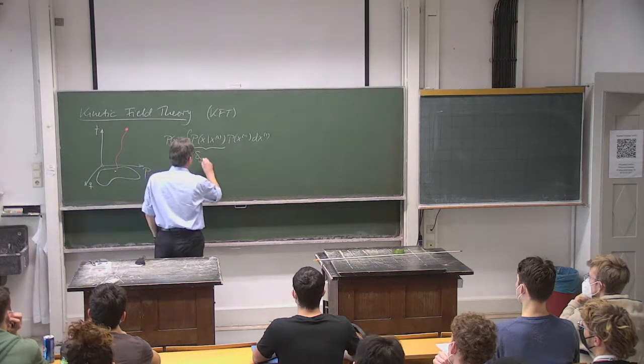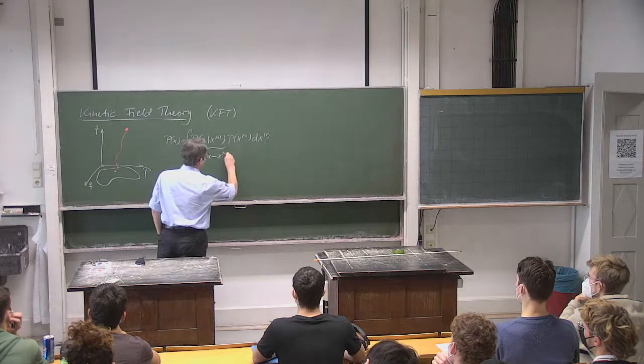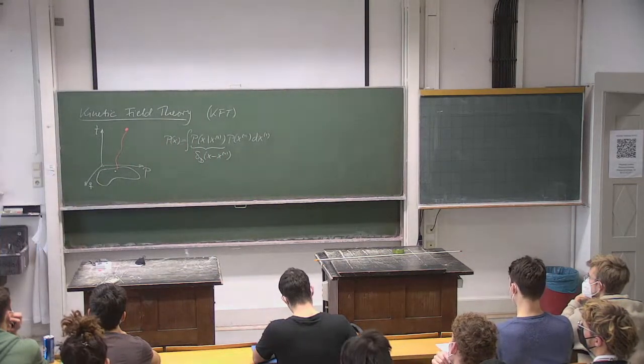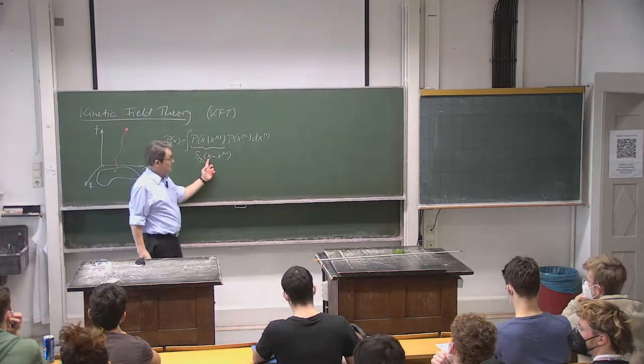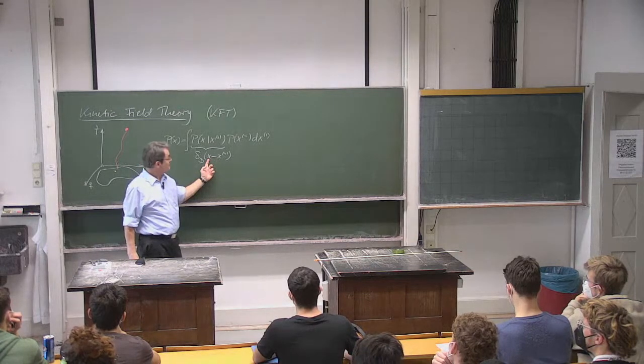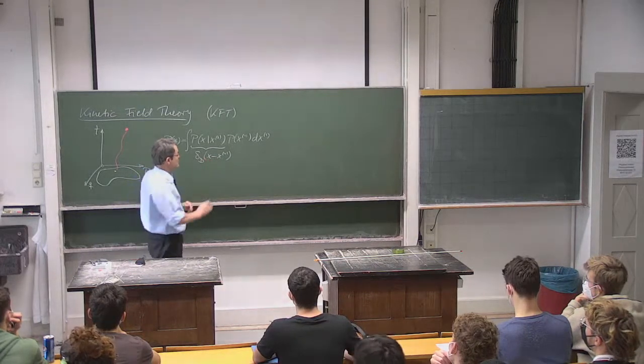So this is going to be, in a slight misuse of notation, delta of x minus xi, where this is very shorthand notation for saying, let me put it like this.